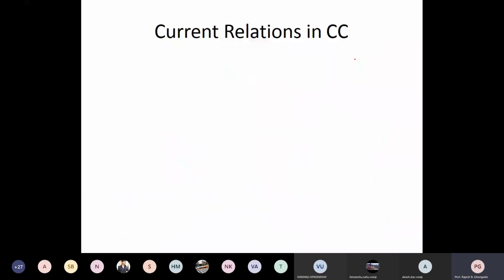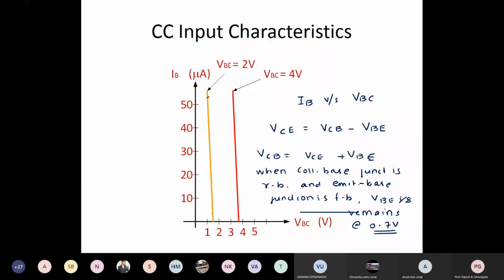And that is exactly seen over here. As VBC increases from this point, let us say earlier it was this point, and then it increased on this side, and that is the reason why my base current also decreased. So that is the reason why I get a slope like this. Remember, this is a curve of IB versus VBC. It is not at all like a diode curve, just like what we had in case of IB versus VBE in the previous configuration of common emitter.